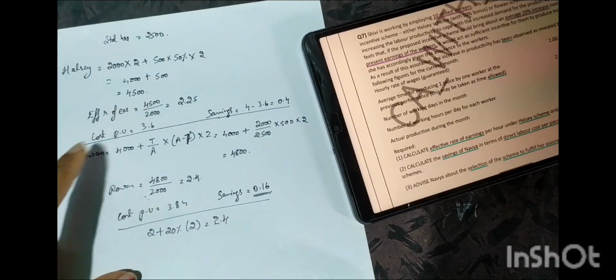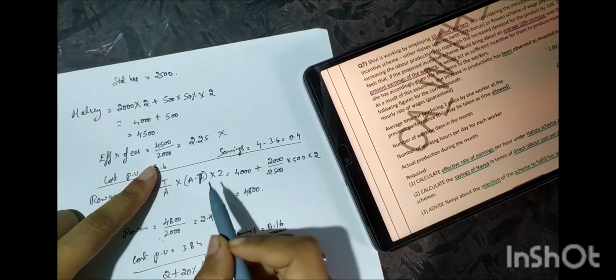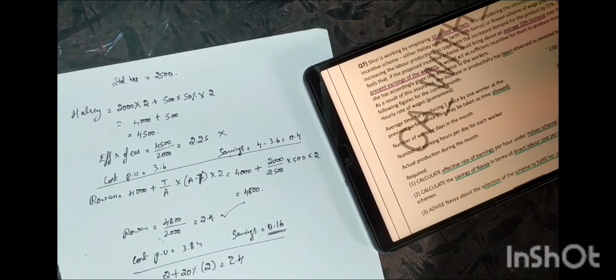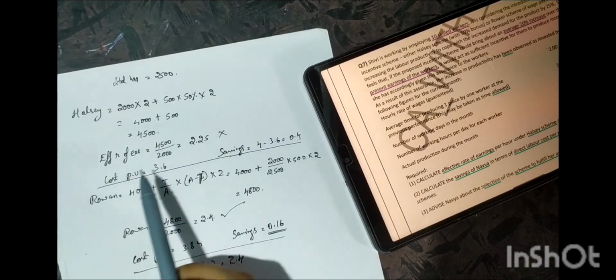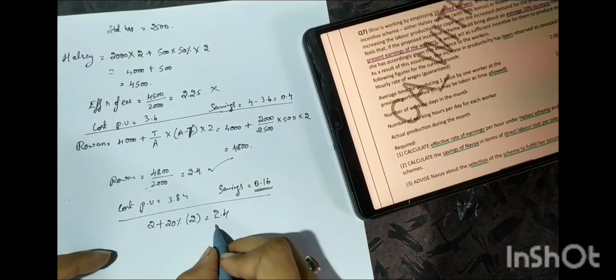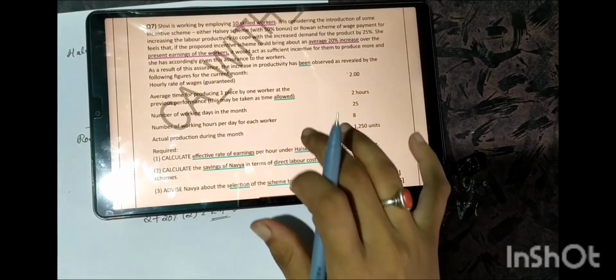But under the Halsey scheme we are just getting 2.25, so it is not advisable to select the Halsey scheme, but we are selecting the Rowan scheme. In the answer they have made a mistake of selecting the Halsey scheme, but the answer is the Rowan scheme. So she should select the Rowan scheme to fulfill her assurance. Fine.